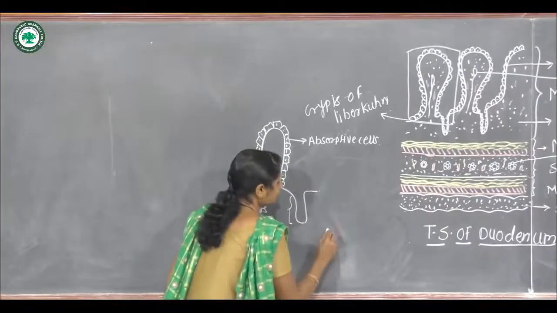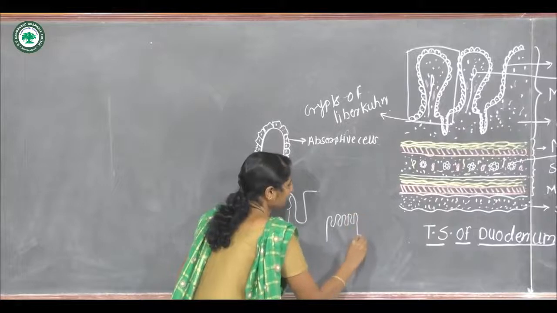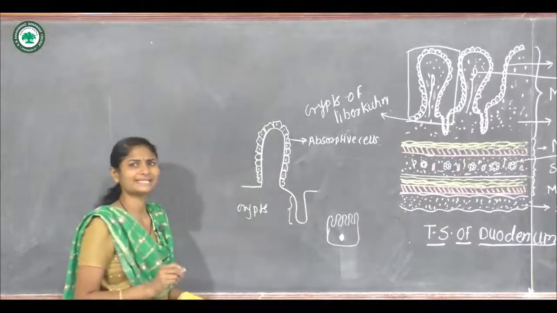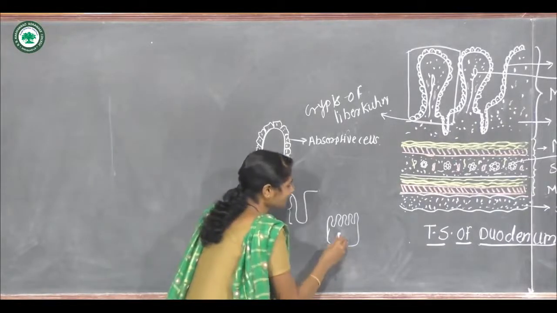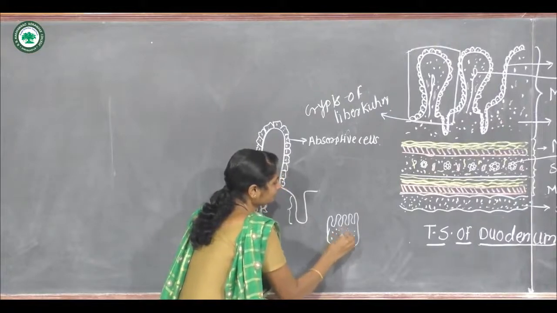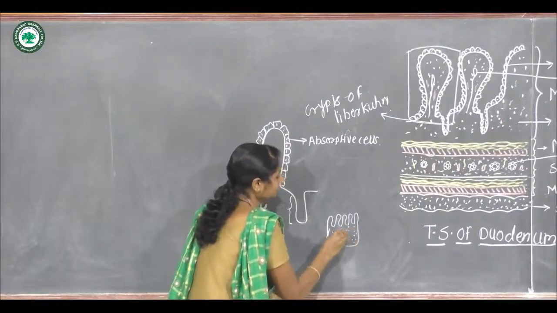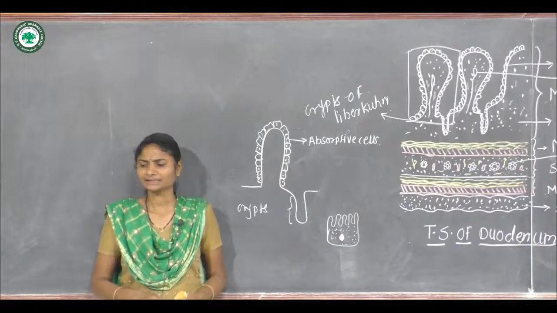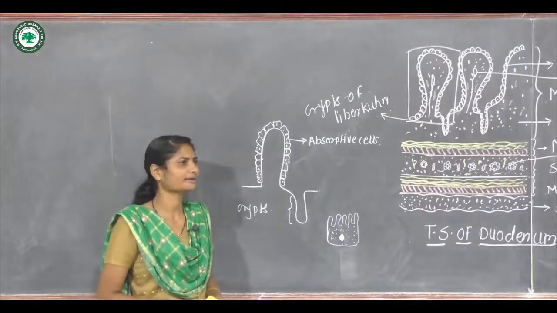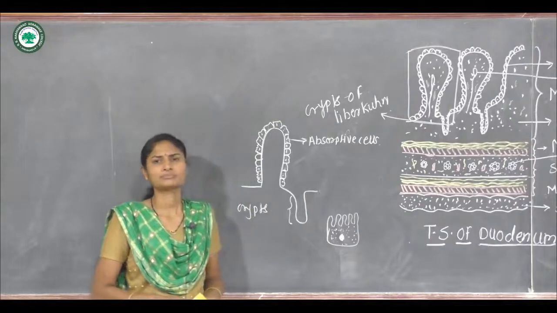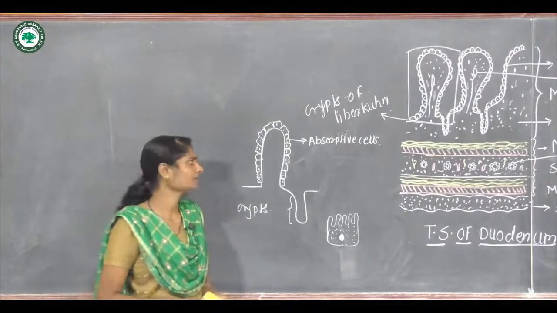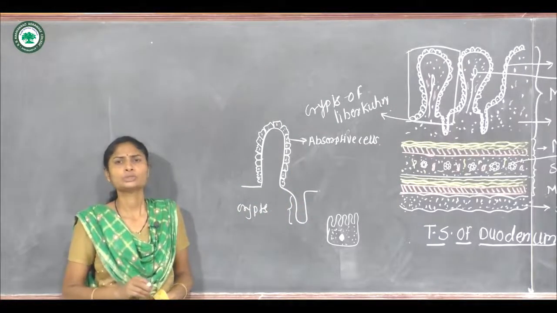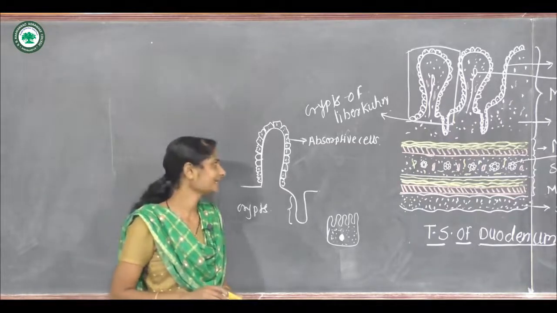The nucleus is located towards the base. In the cytoplasm, granules are present as well as mitochondria and Golgi complex. These absorptive cells are mainly used for absorption and digestive functions, and absorb nutrients from the food material.